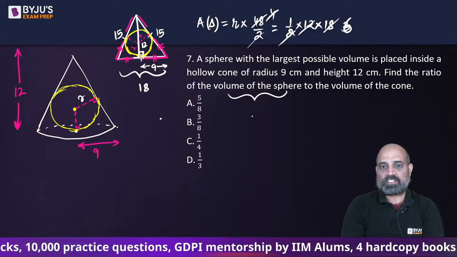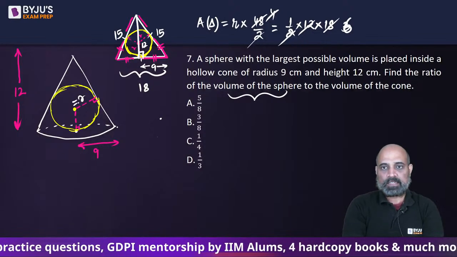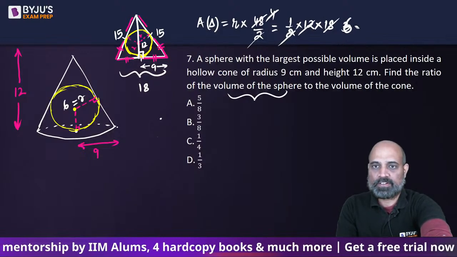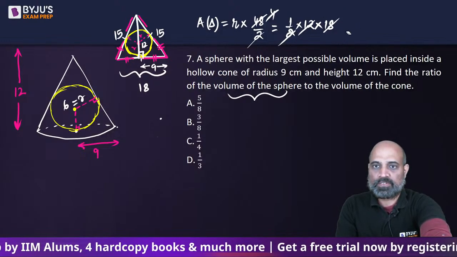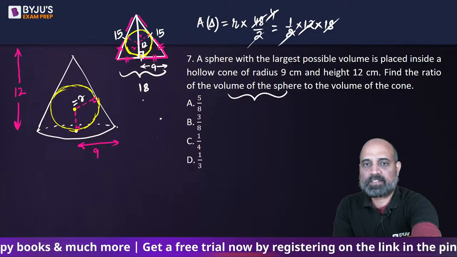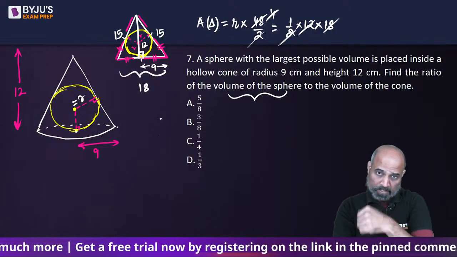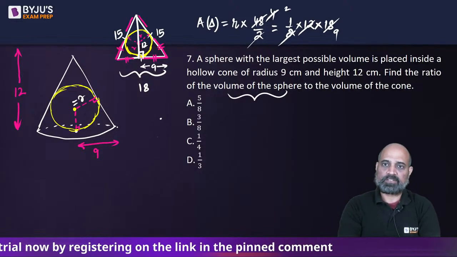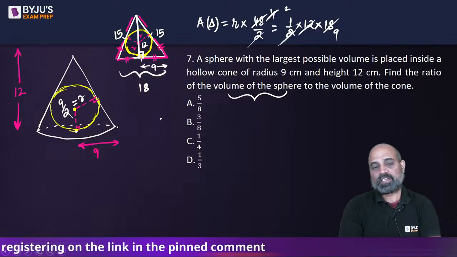So in radius turns out to be 6. 12 into 4, 48. No, it's not 6. 12 into 4, 48 and we have 4 and this is 9. So in radius is 9 by 2 actually.